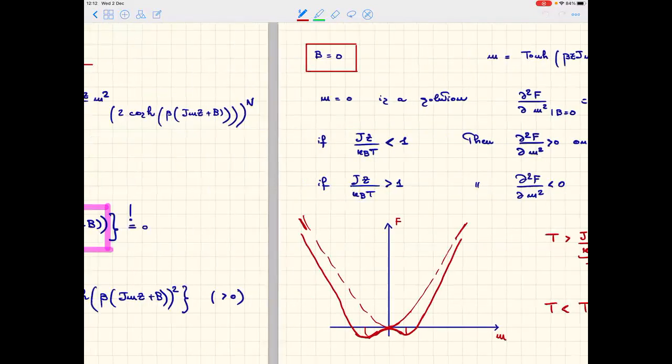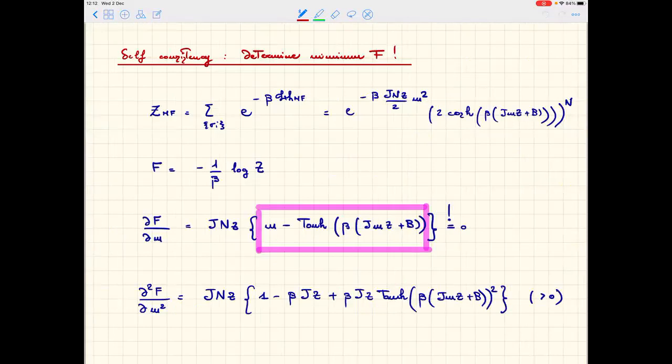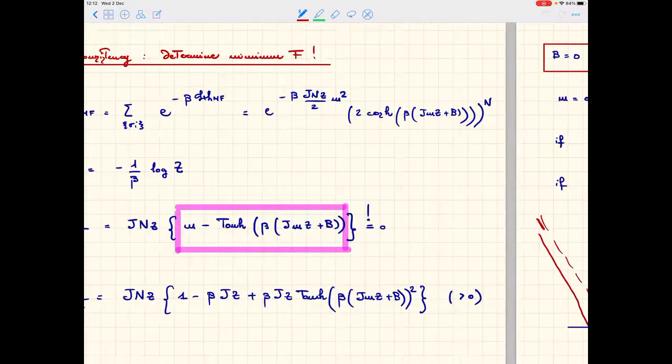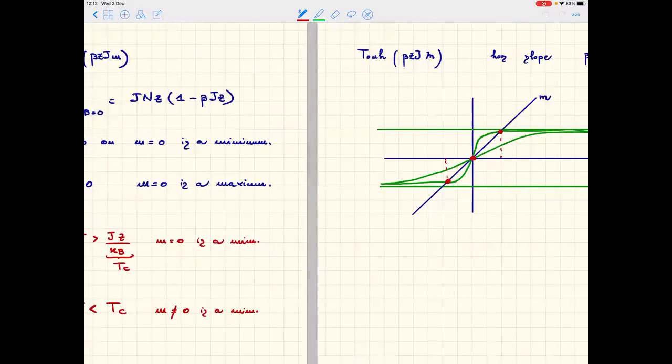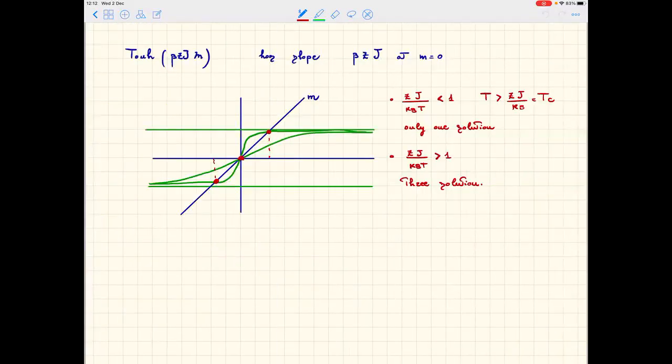I did it here, and I've shown you that the second derivative is positive for these two solutions, this one and this one. For this one it is negative. So let's call this m plus and this m minus. For m plus and m minus, the second derivative of the free energy is positive, and therefore they are okay.